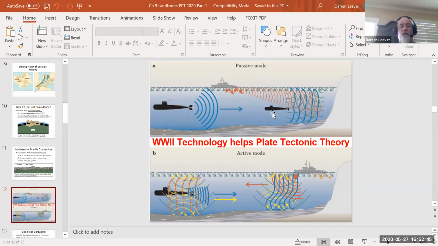Okay, now World War II is over. What do we do? We have a lot of ships. We have a lot of this sonar equipment, and we don't want to bring everybody back all at once, or unemployment would be horrible. So we also want to map out what's going on in the oceans. The other thing is we have a new enemy, at that point during the beginning of the Cold War, and that was Russia, or the USSR at the time.